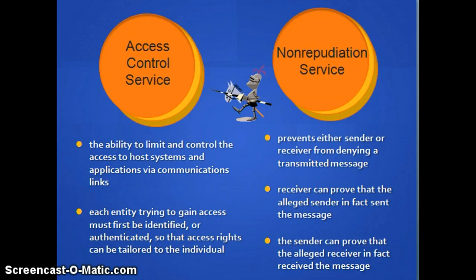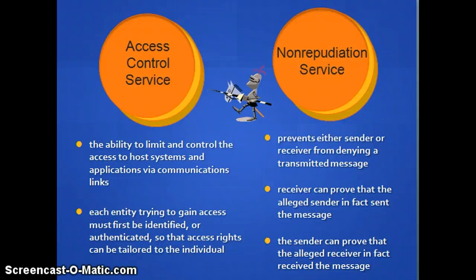Then we go with the third category of the security services, which is non-repudiation service. Non-repudiation means that we would like to prevent either sender or receiver from denying a transmitted message. Sometimes a source sends a message which causes a conflict at the destination, then he denies that he sent this message.